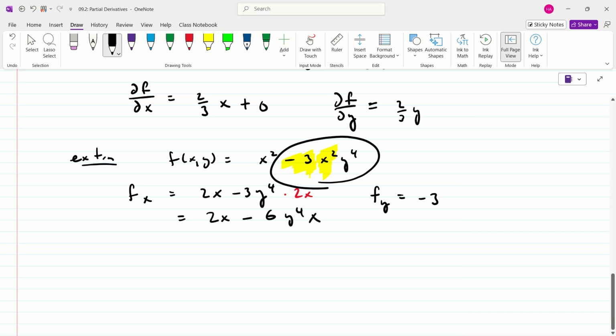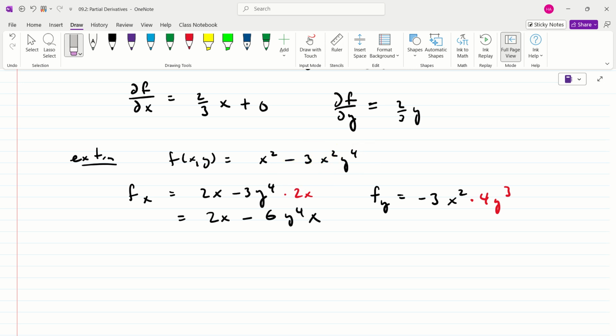So I'm just going to copy and paste the negative 3x squared and focus solely on taking the partial derivative of y to the 4th with respect to y, which is 4y cubed. Simplifying this, that's negative 12x squared y cubed. So partial derivatives can really be a piece of cake.